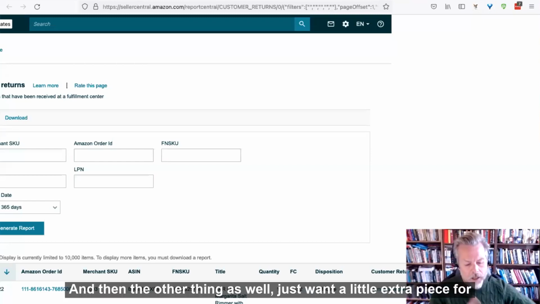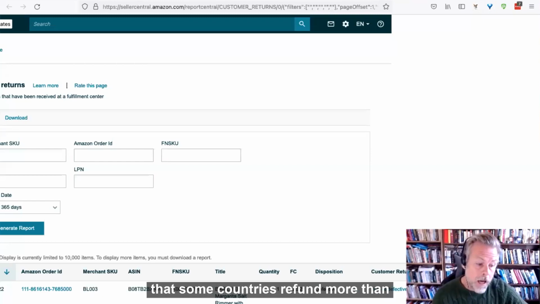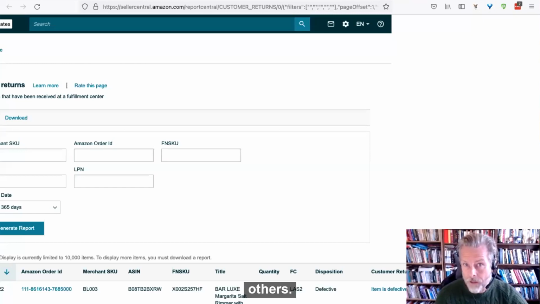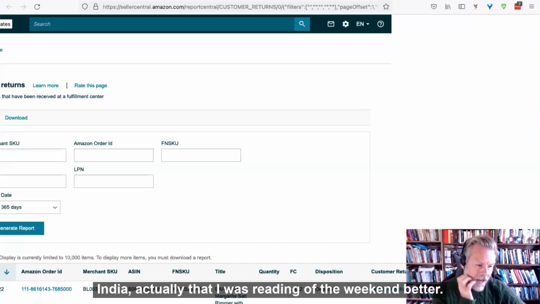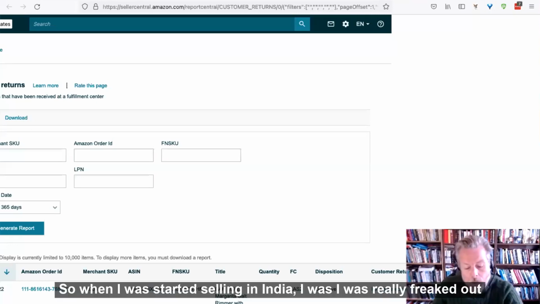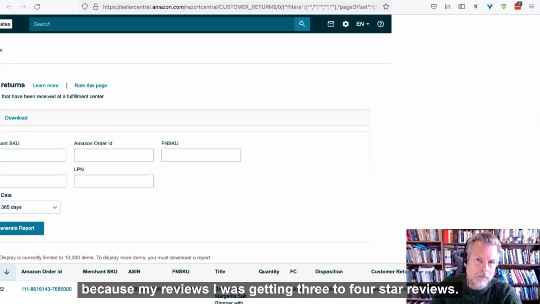And then the other thing as well, just one little extra piece: some countries refund more than others. When I started selling in India, and there's a whole thing about India that I was reading over the weekend, I was really freaked out because I was getting 3 to 4 star reviews.